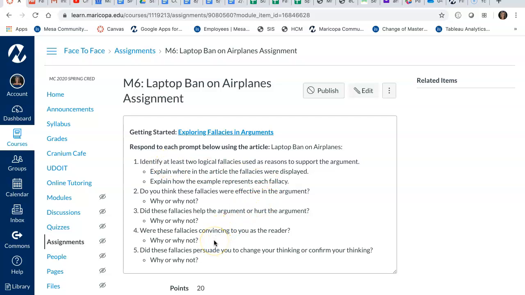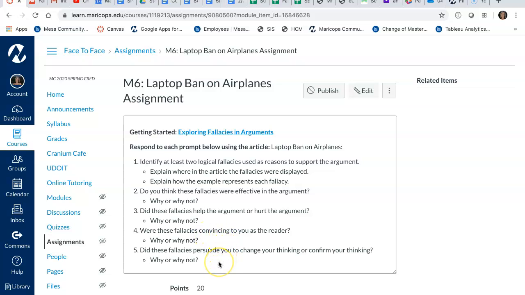When you get to question 4, this is your opinion. I want to know whether or not you felt the fallacies in the argument were convincing to you as the person reading the article. Did the author persuade you to buy into those fallacies? So explain your thinking for 4.